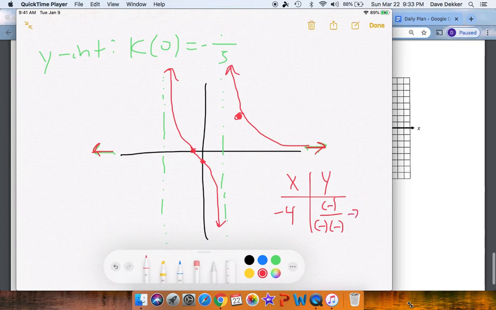And that means overall it would be negative, right? If you go through and think about the denominator, negative times a negative is really positive, and so I'd have a negative number divided by a positive number, that's got to be negative. So on the left side, it's going to be below over here. I know it kind of looks like it's above, but really it would be below, just really close to that x-axis and going down like that. Okay, so that's going to be kind of what that looks like.